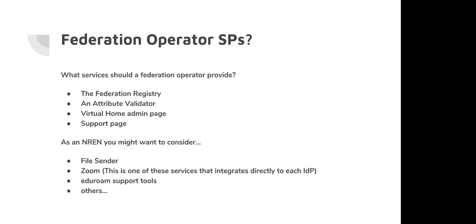If you're running a virtual home IDP as part of the Federation Operator tools, it's probably useful to have an admin page if you want to allow people to register visitors into that virtual home IDP. If you're running a support page or a support tool, you might want to add that to the Federation as a Federation tool so people can log into that using the Federation identity.